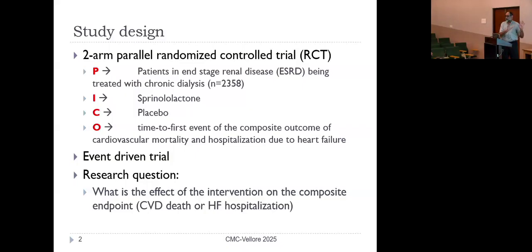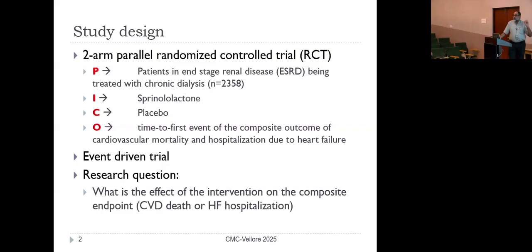So if either one of those things happens, the outcome has occurred. We call it an event-driven trial, and we power it to have so many events to be able to answer the research question. So the timing is not necessarily that important. It is when you reach so many events, and the design is based on the number of events that you are accruing by a given time point.